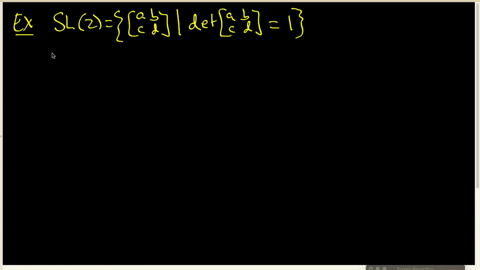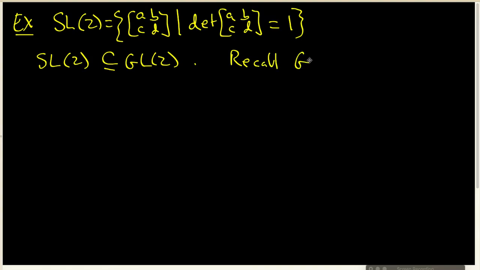Now this says that SL2 is a subset of GL2, because GL2 is the set of matrices that have determinant not equal to 0. And I also want to recall that GL2 under its multiplication is a group. So the question is: is SL2 a subgroup of GL2?